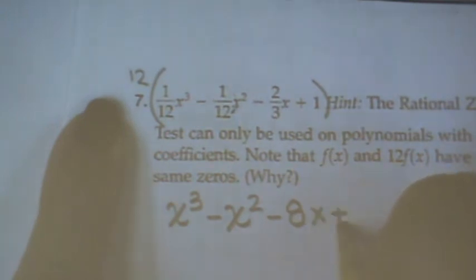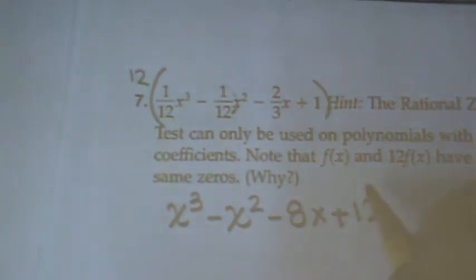So what would you multiply everything by to get rid of the 12 and the 12 and the 3? 12. So if you multiply this whole thing by 12, tell me what you get. You get 1x cubed minus x squared minus 8x and then plus 12. Everyone get that?